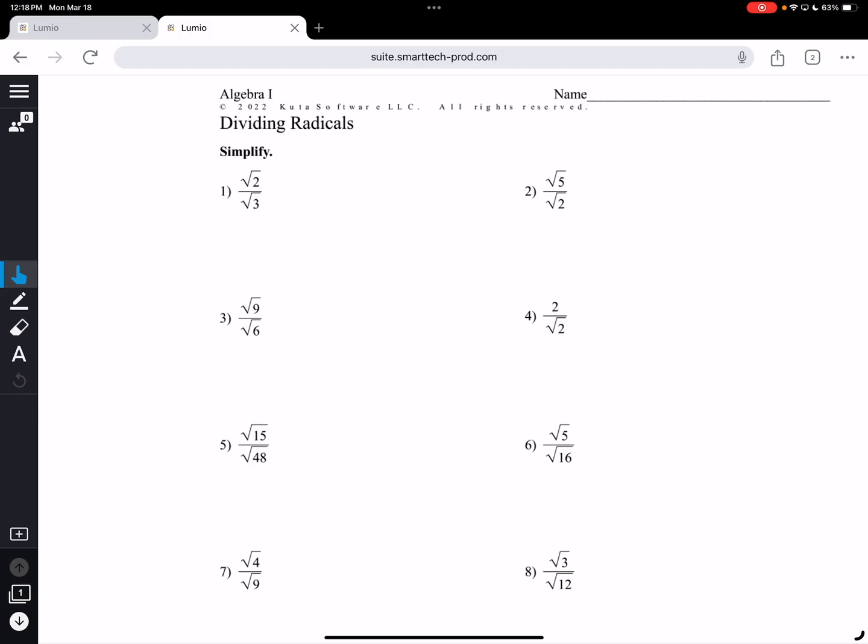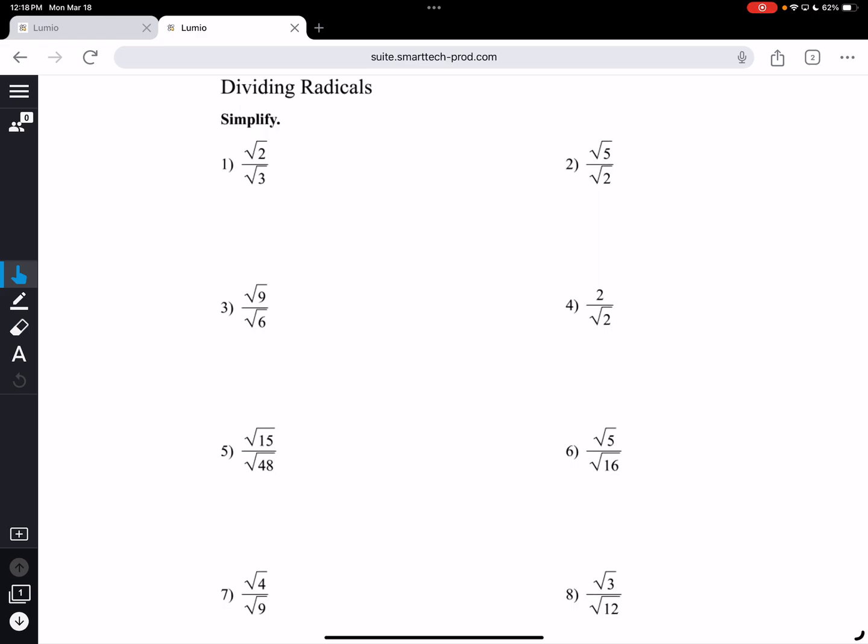Now there's that rule you learned back in 2nd or 3rd grade. If you do something to the denominator, you've got to do it to the numerator. So in this case for number 1, we're multiplying the denominator, radical 3, by radical 3.